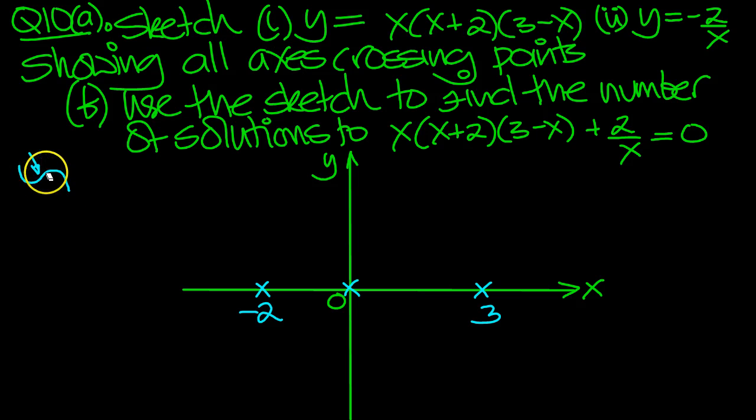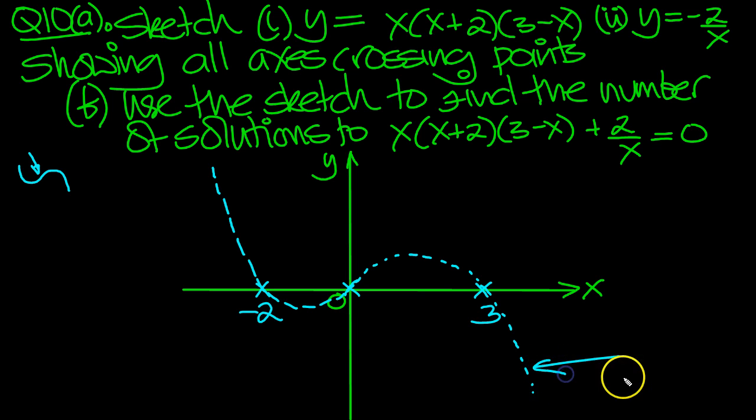So it's going to come down, go back up and go back down because of the minus x cubed term. I'm going to put it in dotted because it's easier for me to draw like this, but if you were drawing it, you would draw a nice smooth line. So it's going to come down, go through the first root, turn, go back up through the second, turn again, and go down through the third. And there's our cubic equation here.